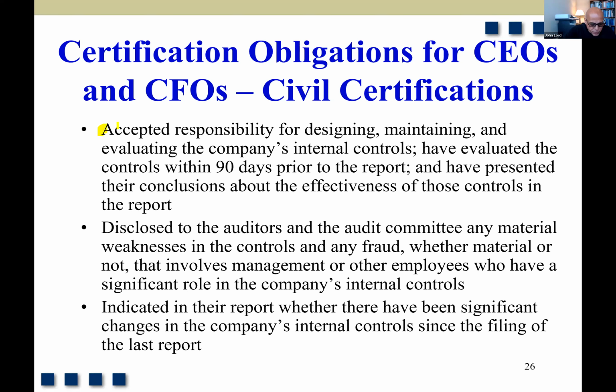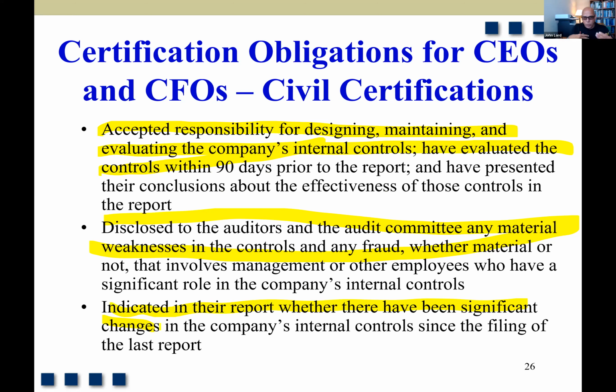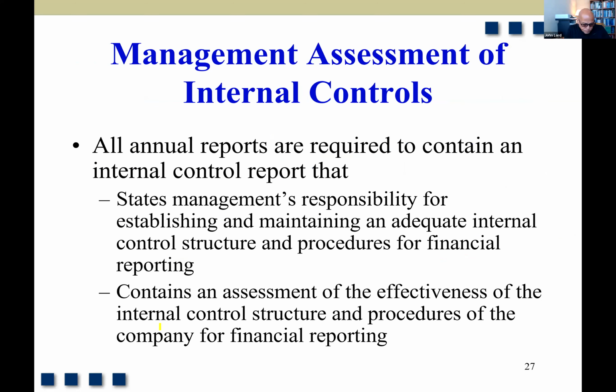Also, they need to make certifications regarding the internal control, as I've mentioned. And if there are problems, they have disclosed that to the auditors, to the audit committee. And if there have been changes since their report, maybe they identified the weakness sometime back and now they've made the changes, but the reporting isn't coming out till a later date, you need to talk about what they've done to correct some of those problems and what some of the changes are that were made.